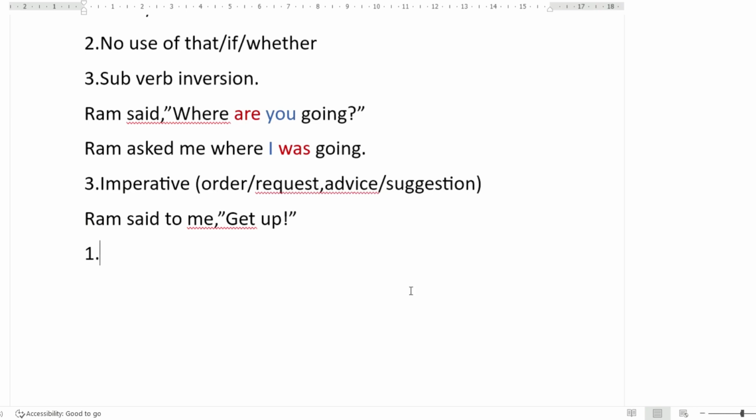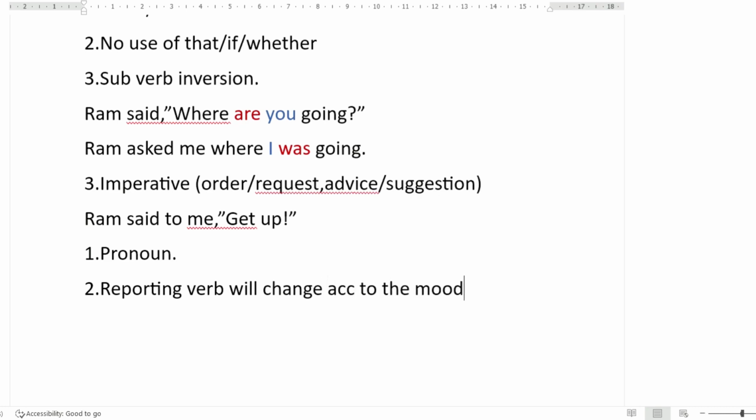What are the changes that are going to take place? First, pronouns will change. Second, tense will not change here. Third, the reporting verb will change according to the mood of the speaker or the feel of the sentence.